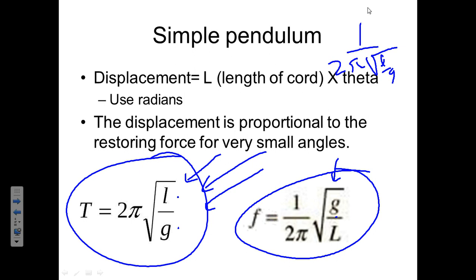Period on the left is the time for one cycle; frequency on the right is how many cycles per second. The unit for frequency is hertz, which we might see written as Hz. That just means something per second.